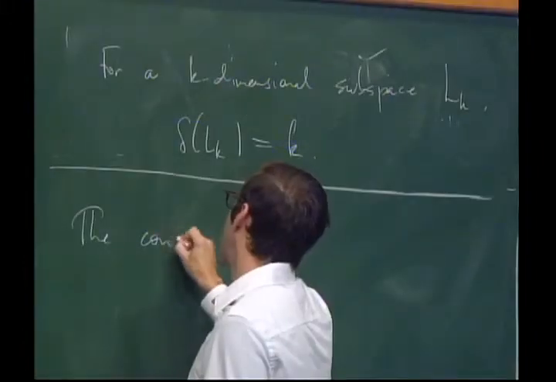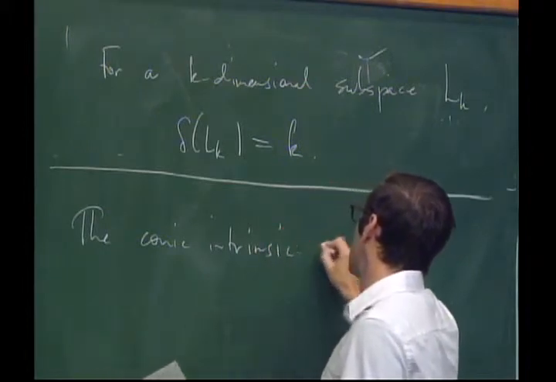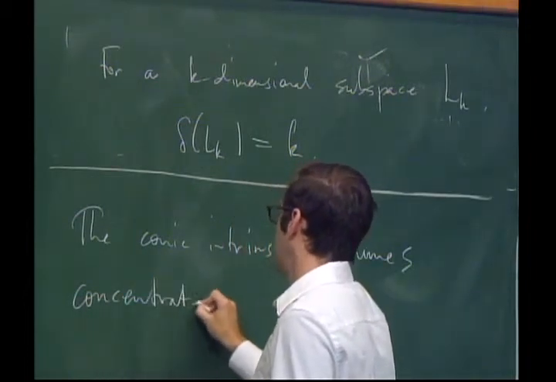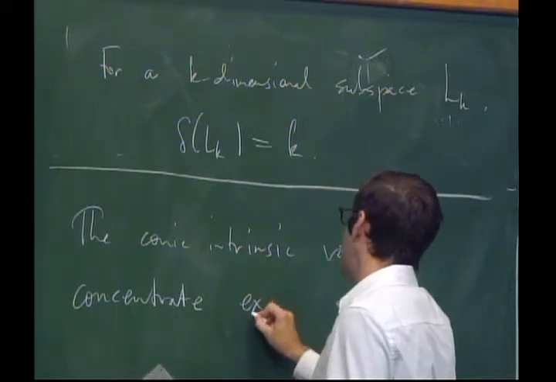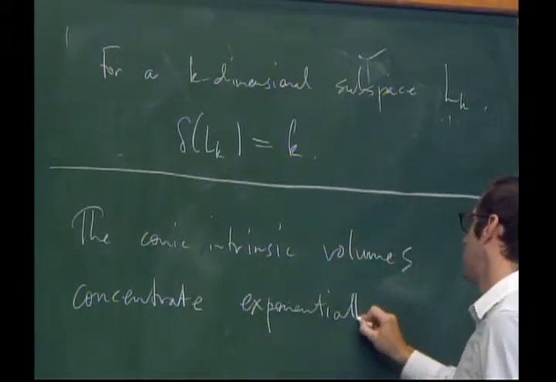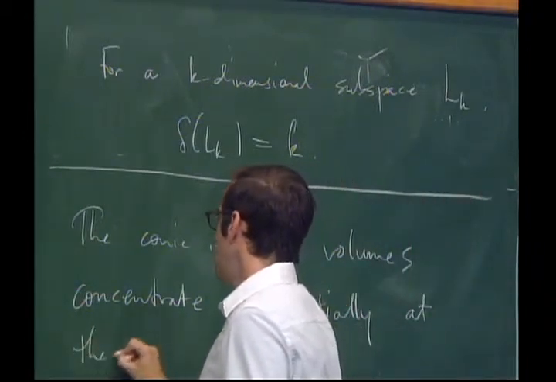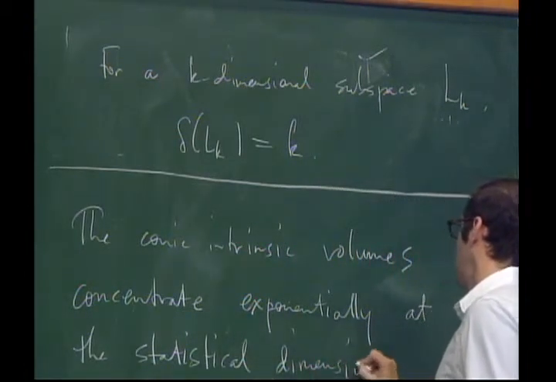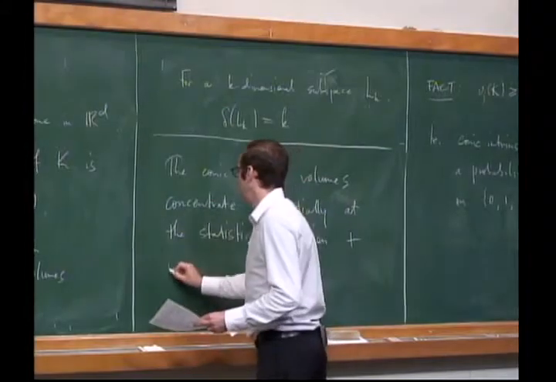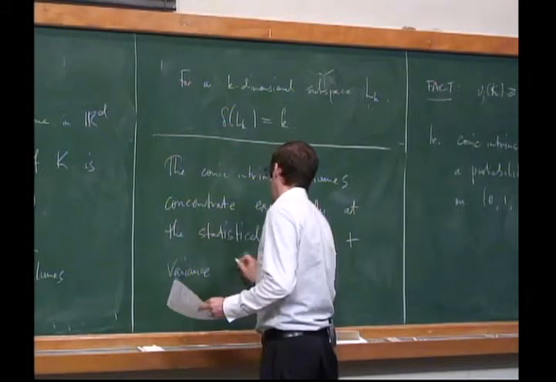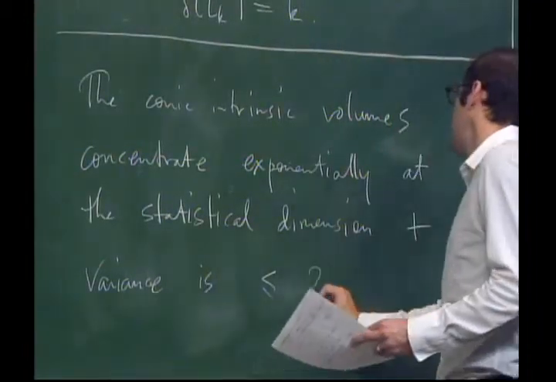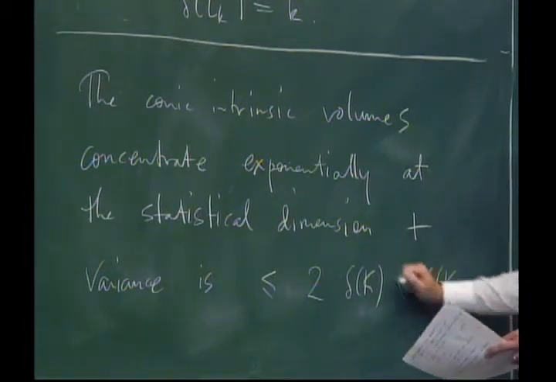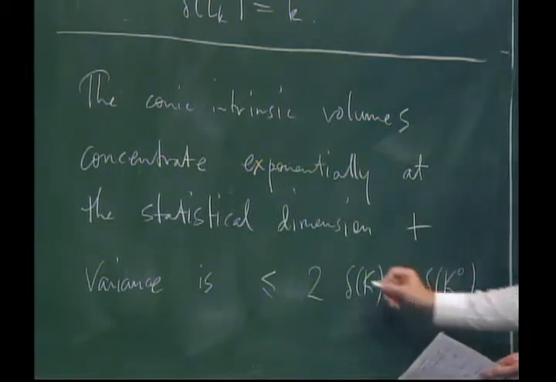So the statement is that the conic intrinsic volumes concentrate exponentially at the statistical dimension, and furthermore, the variance is at most twice the statistical dimension of the cone or the statistical dimension of the polar, whichever one is smaller.